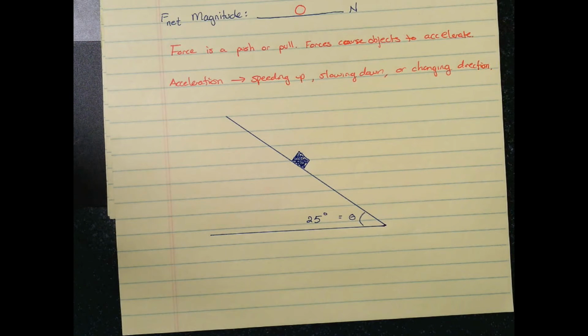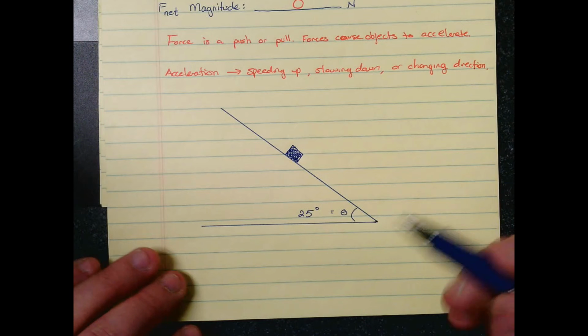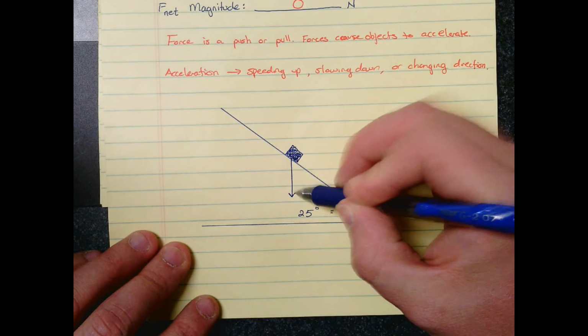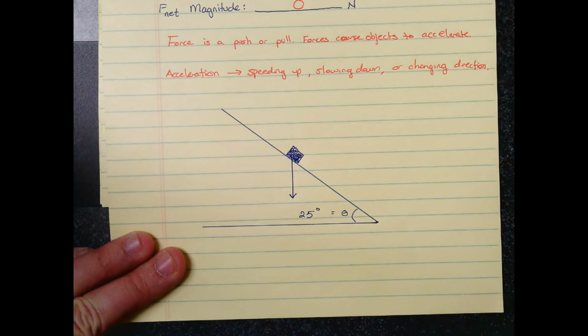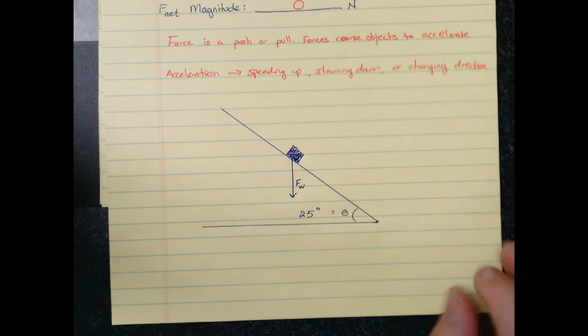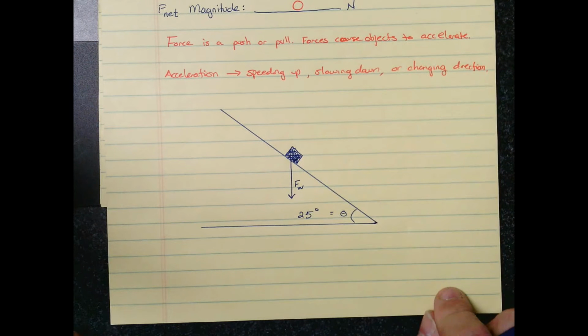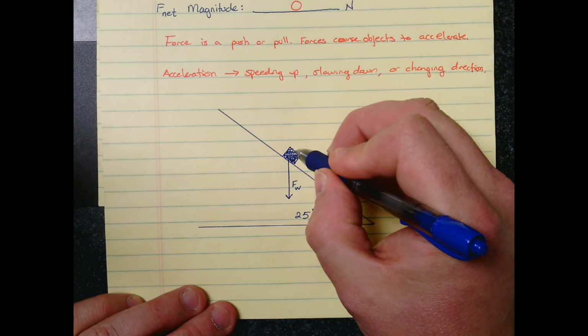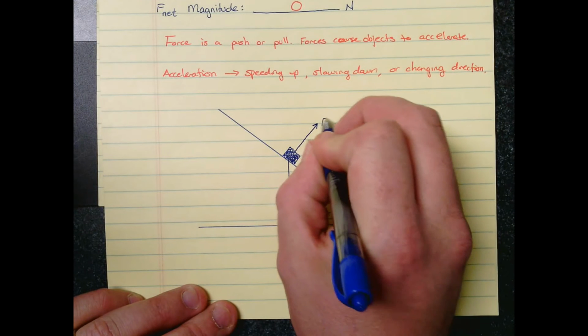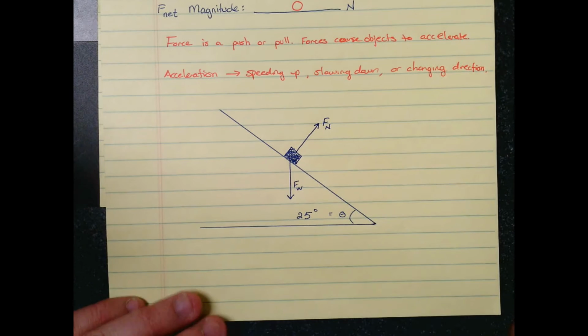Now, there are several forces that are definitely acting on this box right now. Like we've talked before, there's the force of gravity that is pulling this down, and your equation sheet calls that FW, so I'm going to try to use the same notation. There's also the normal force, which is acting outward, so we're going to call that FN.